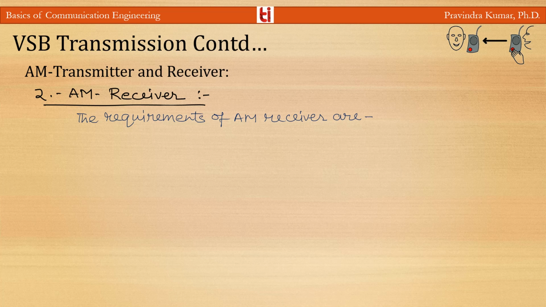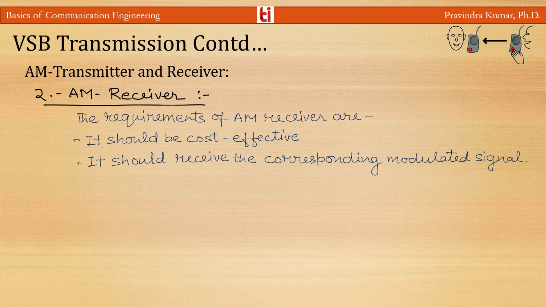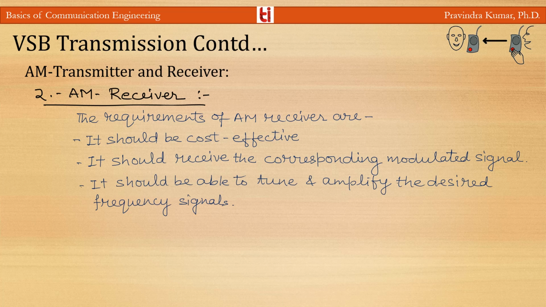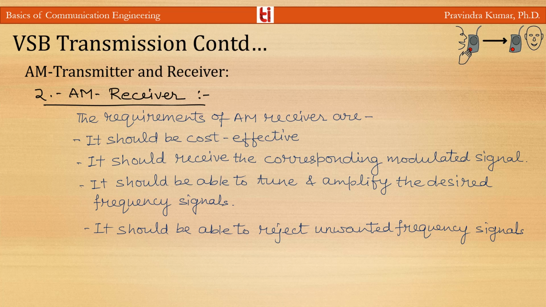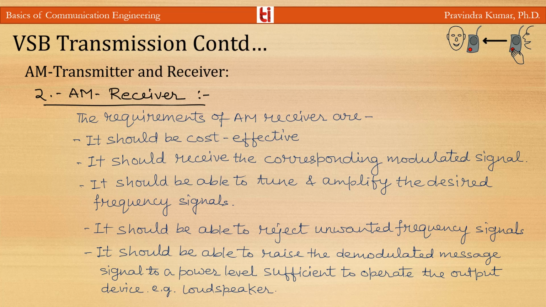The requirements of an AM receiver are: it should be cost effective, it should receive the corresponding modulated signal, it should be able to tune and amplify the desired frequency signals, it should have the ability to reject unwanted frequency signals, and it should have the ability to raise the message signal obtained by the demodulation to a power level sufficient to operate the output device like a loudspeaker.